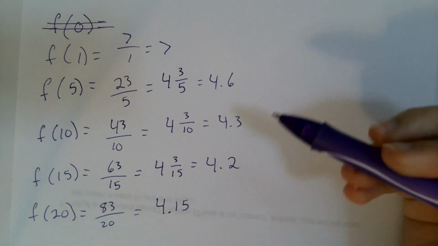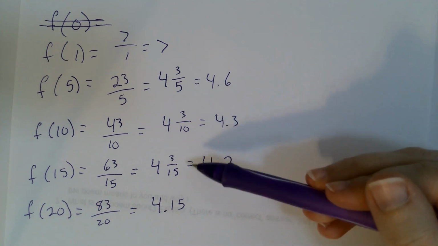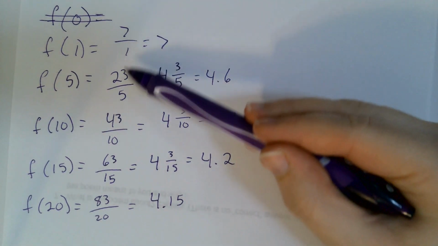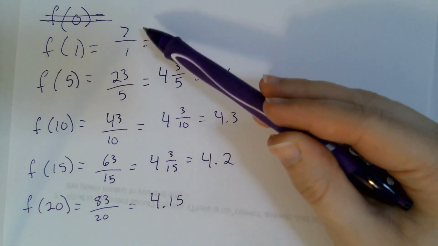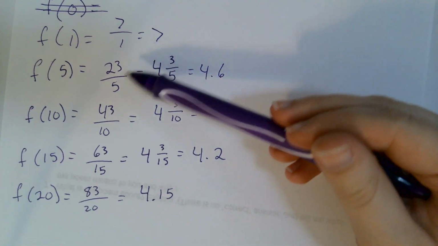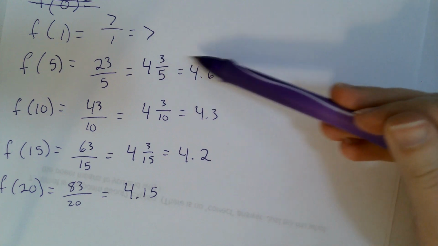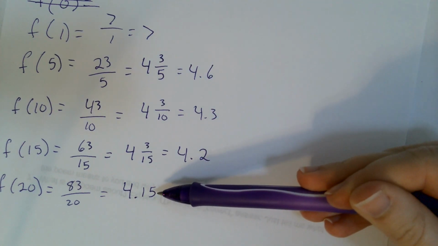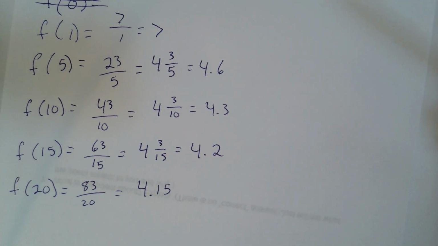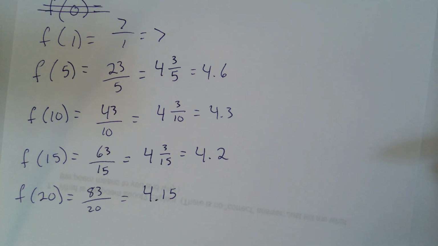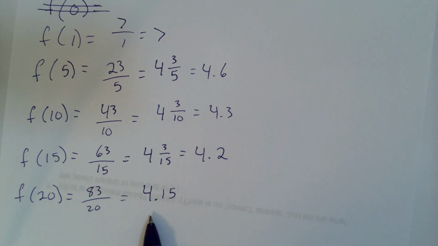So here I pretty much went up by 5s, with the exception of between 1 and 5, which is actually 4. But I went up by 5s for the most part, and you'll notice that the difference between these numbers each time is getting smaller and smaller. So basically what we're going to see is the bigger that x gets, the closer we're going to get to 4, exactly 4.00000.